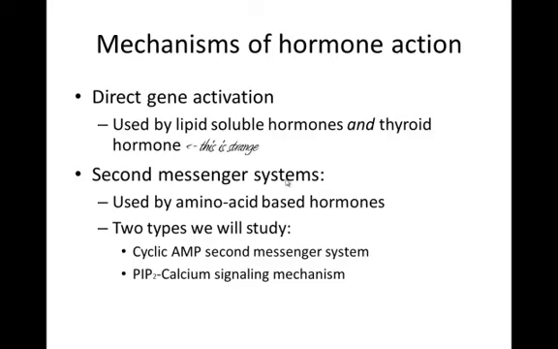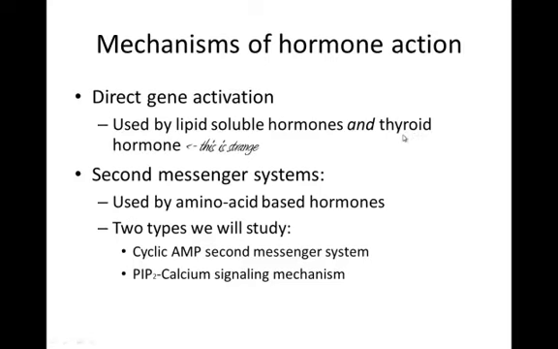If I'm a steroid or a lipid-soluble hormone, then I'm going to use direct gene activation. If I am an amino acid-based hormone, then I'm going to use the second messenger system to influence my target cell. There's one exception to this. Thyroid hormone, which is very strange, falls under direct gene activation.